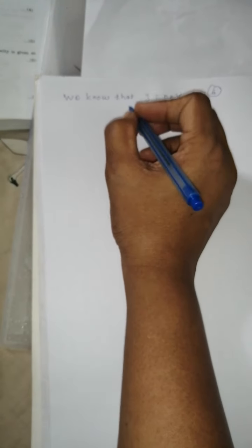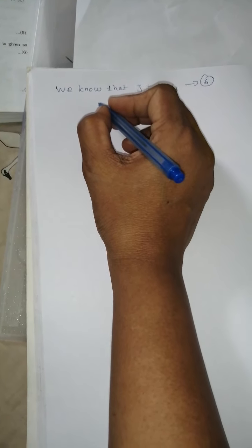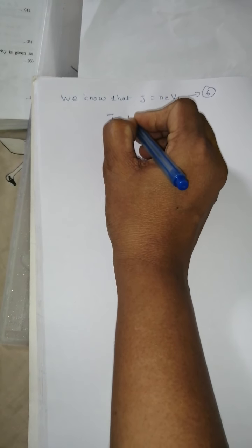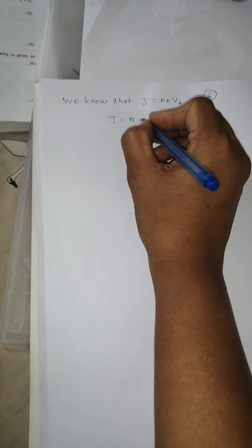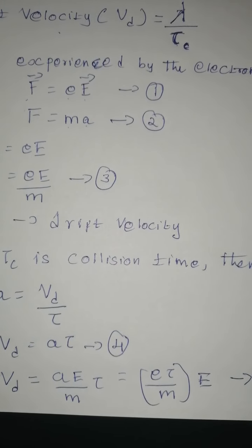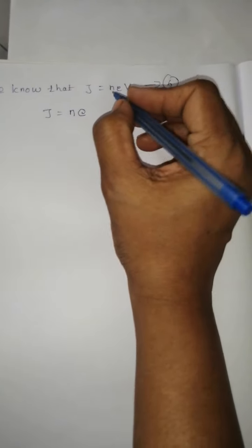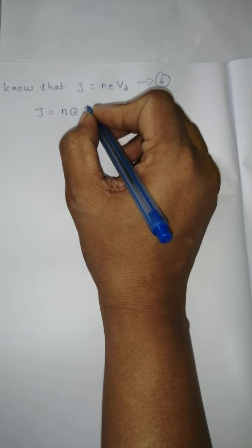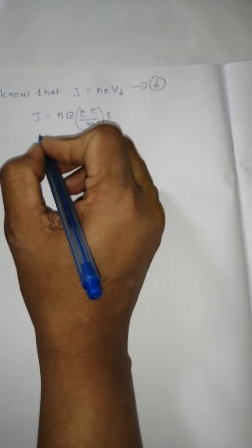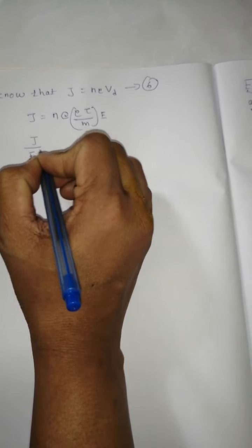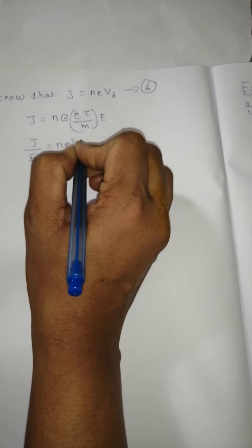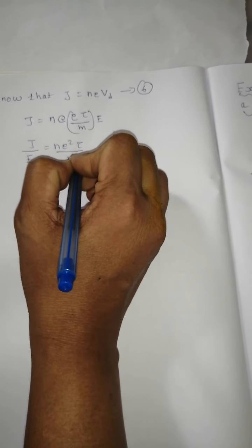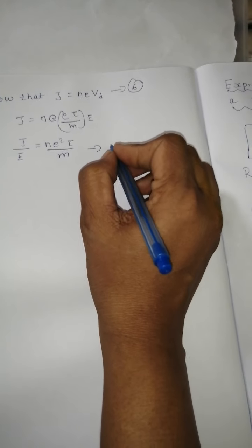Now we substitute equation 5 in equation 6. So J is equal to n e times e tau divided by m into E, or J by E is equal to n e square tau by m. This is equation 7.